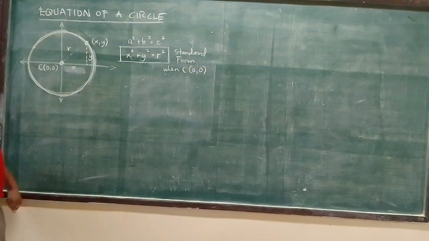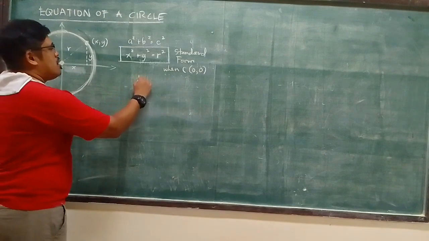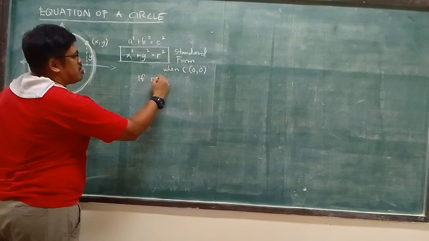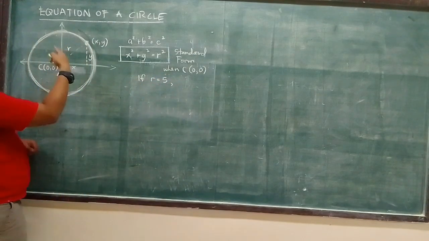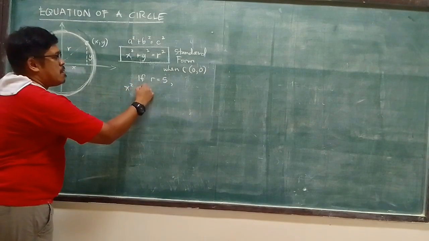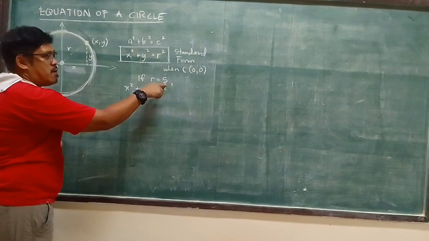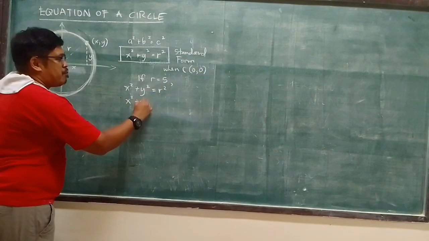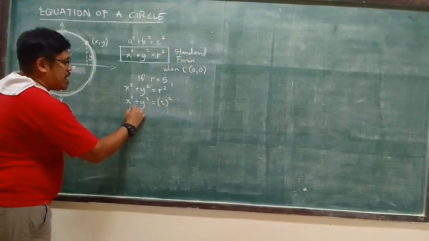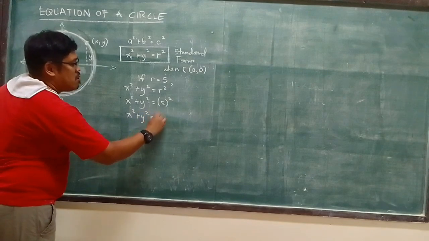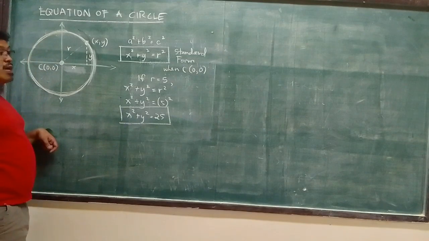So for example, if your radius is equal to 5, from your equation x squared plus y squared is equal to r squared, you will simply substitute r with 5, meaning x squared plus y squared is equal to 5 squared, which would be x squared plus y squared is equal to 25.